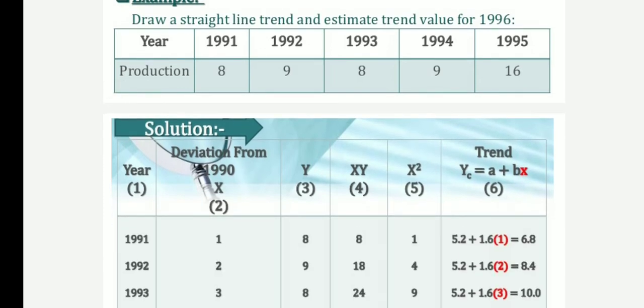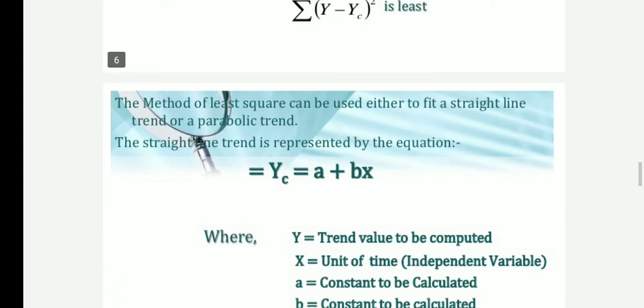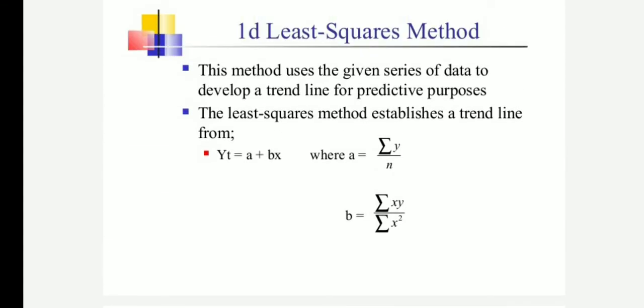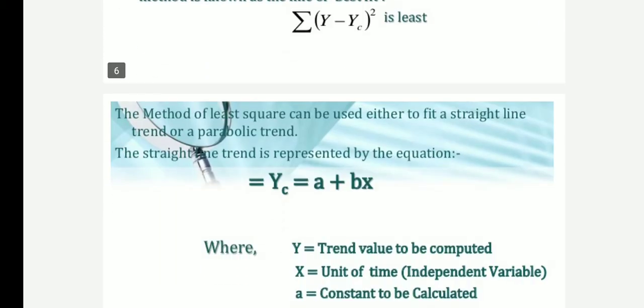First column year, second column is deviation from 1990. Here I forgot to explain: sum of y means deviation of y minus y bar, and x means x minus x bar. The same is done here.